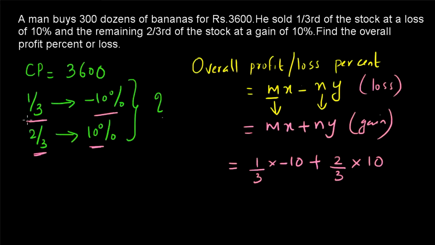So what's our final answer? It's minus 10 by 3 plus 20 by 3. So our final answer will be 10 by 3. Since it is a positive quantity, it will be 10 by 3% gain.